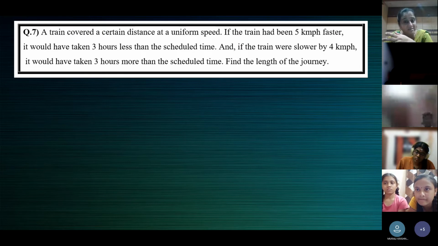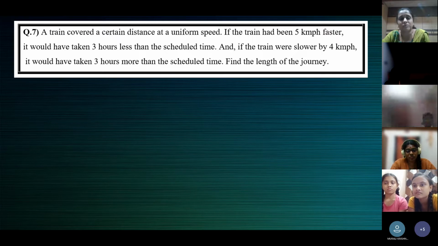You cycle fast, you increase your speed, then you take less time. But the distance between your home and school is the same. That does not increase or decrease. Length of the journey is the distance.